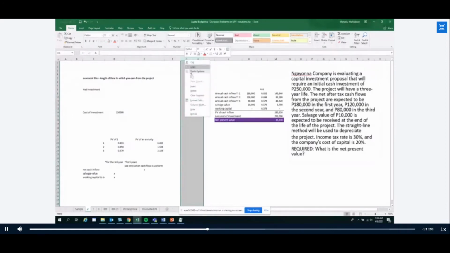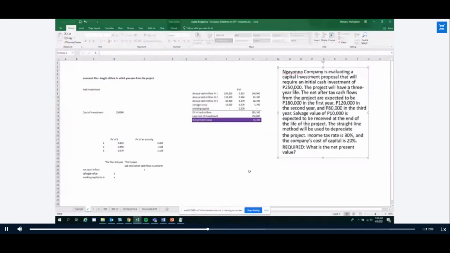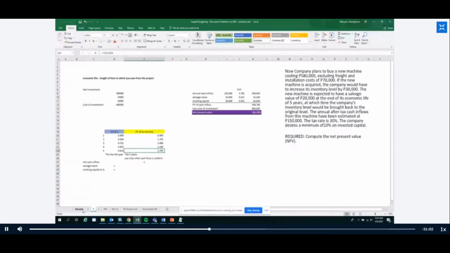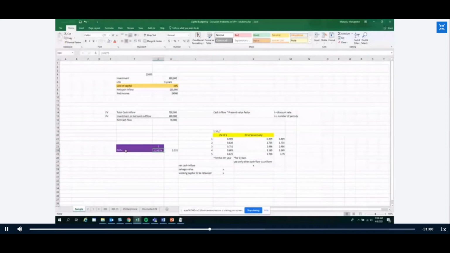Excuse me, sir. Sige, please. Yung income tax at saka cost of capital, disregard na lang po yan. Hindi, ang cost of capital dito is included or considered sa calculation. Kasi ito, kung napansin mo, diba, yung formula natin earlier, present value is 1 plus I. Yung I is the discount rate.